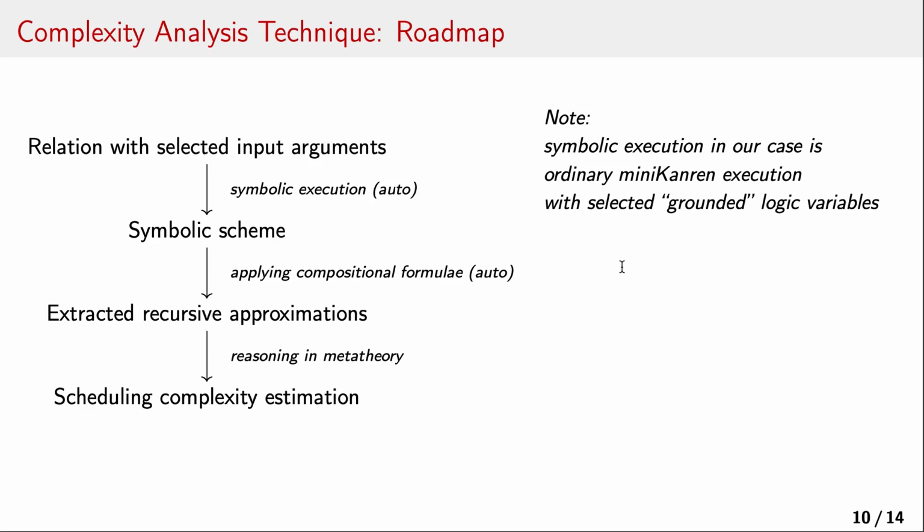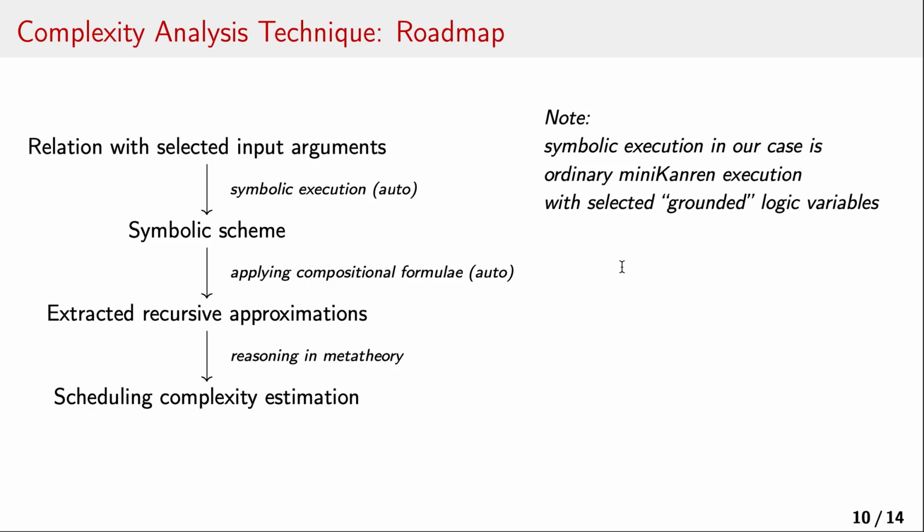The way to do it is symbolic execution. And since miniKanren is symbolic in nature already, we can, to a great extent, just repeat the ordinary execution of miniKanren, but we need to distinguish some logic variables as symbolic, or as we call them, grounded, to denote that they will be substituted with ground values. And we need to check carefully how these ground values affect the flow of the search.